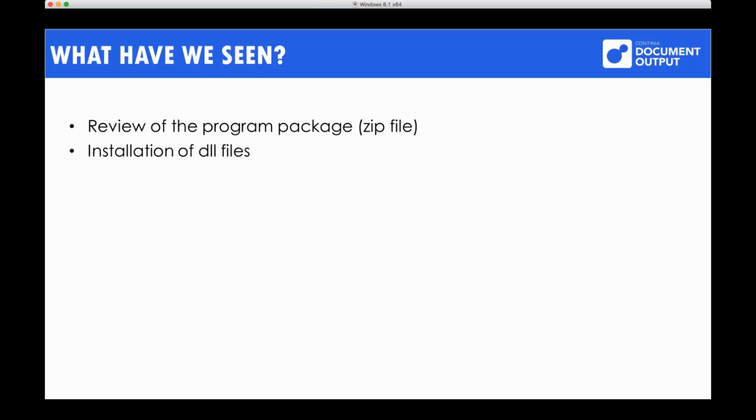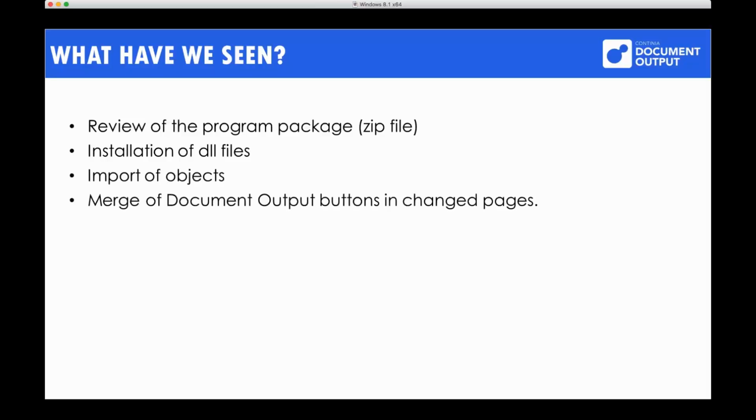Thank you, Sven. Now I will go through what we have seen on today's webinar. First, we went to the product package and installed the DLL files. Next, we imported objects and merged changes in the changed objects. Then we went to the page setup and setup wizard.